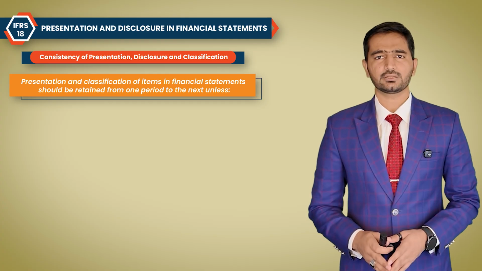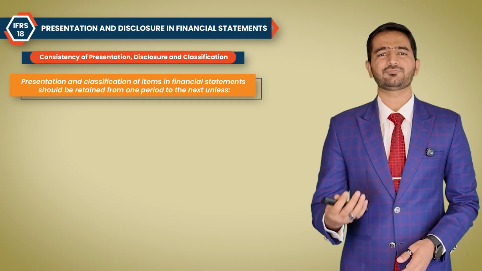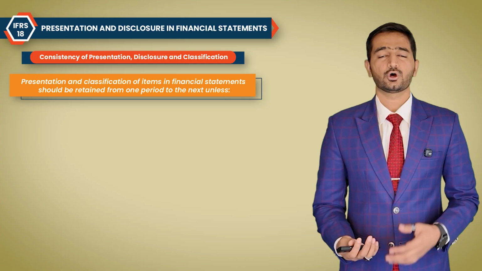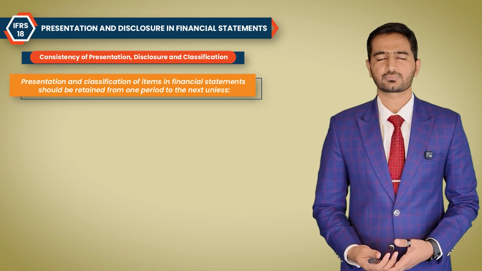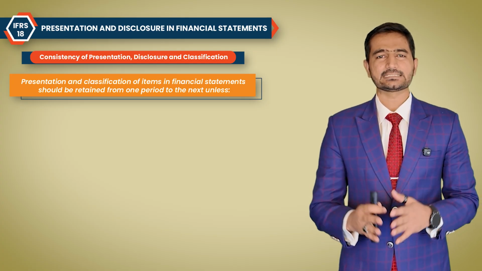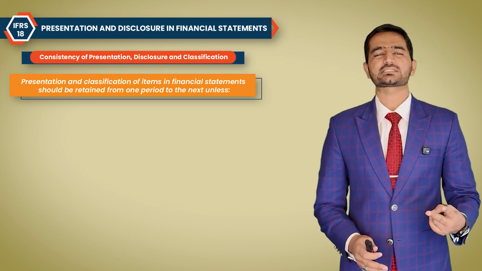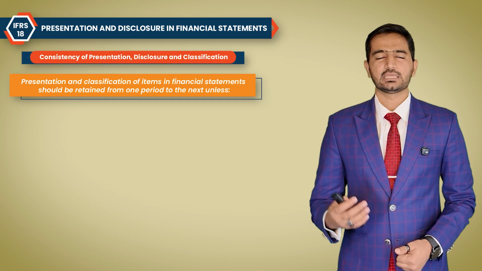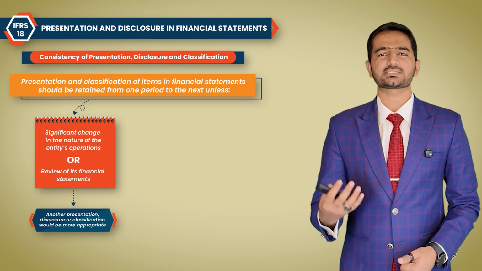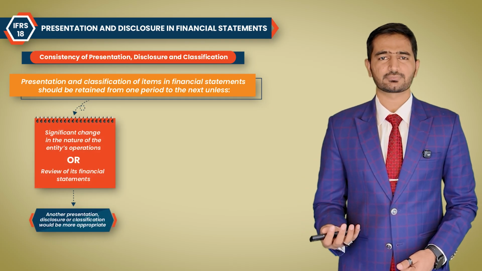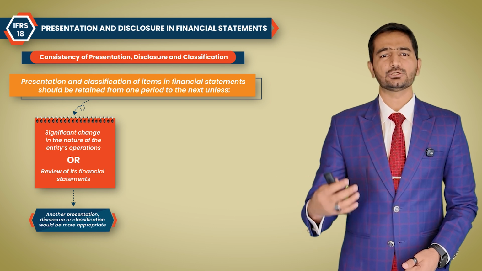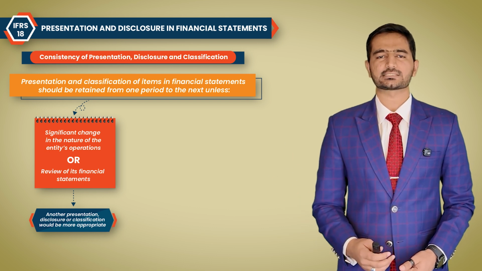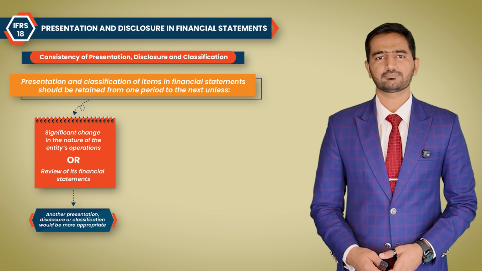Now you might be wondering, what if something significant happens in the company or the business environment changes? Well, in that case, my friends, there are two exceptions to the consistency rule. One is, if the entity undergoes a significant change in its operation and presenting things the old way no longer makes sense, then you can change it.